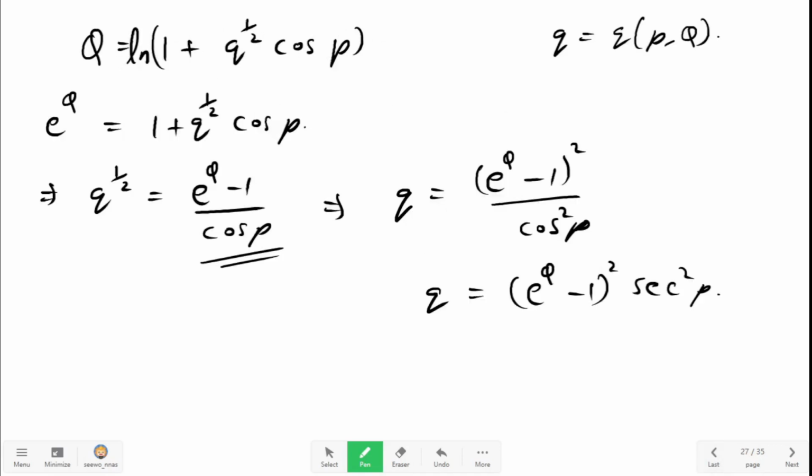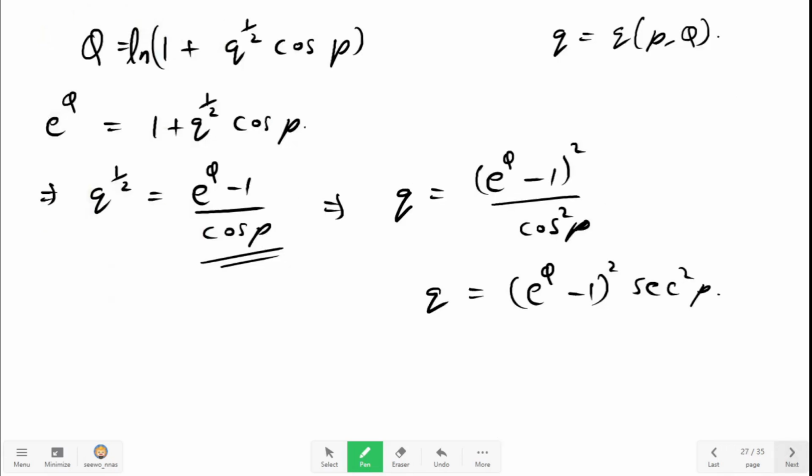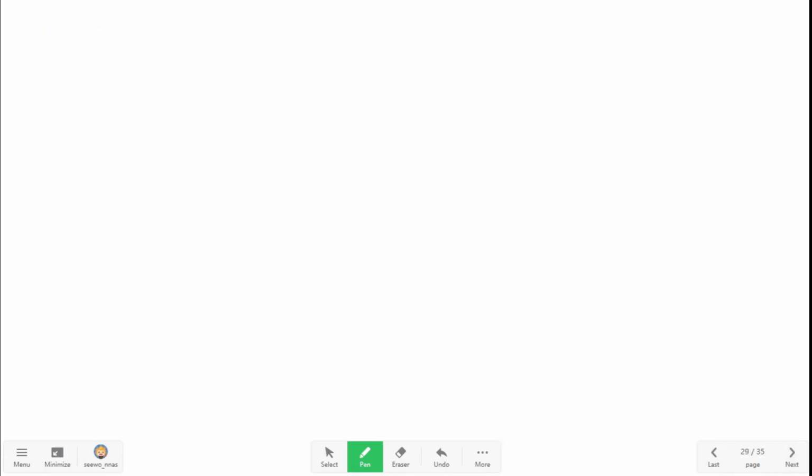Now we have expressed small q and capital P. Let us put this in the differential relations. In the differential relation 1, if we put q is equal to minus del f3 upon del small p, this is differential relation 1.